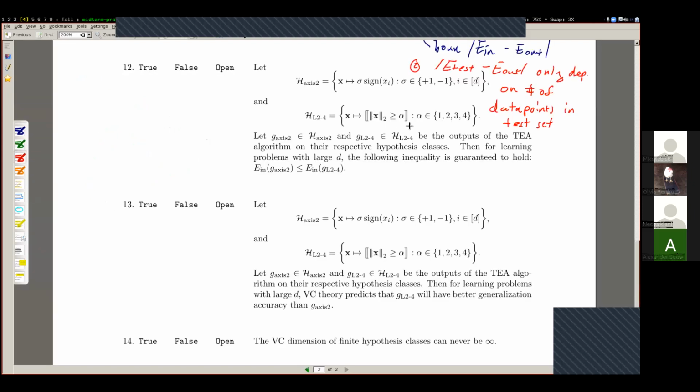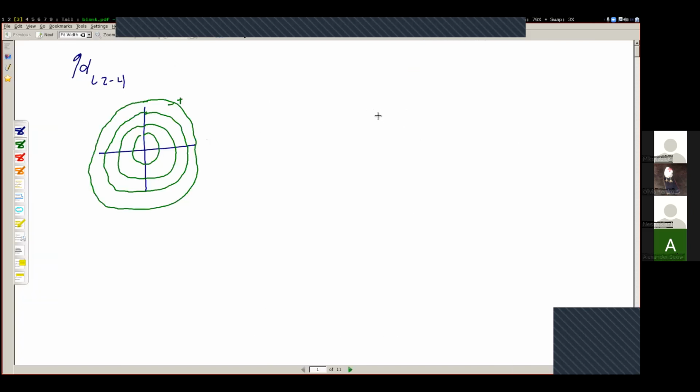If you're greater than or equal to this alpha, then the hypothesis will return a positive value, but if you're less than that, it will return a negative value. And so the size of this hypothesis class is just 4 things. No matter what dimension you're in, the size is 4. The number of elements in that is equal to 4.